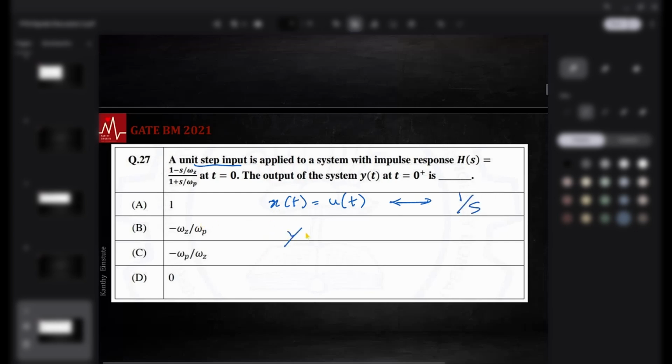So your Y of s is X of s times H of s. That happens to be 1 by s into (1 minus s by omega z) by (1 plus s by omega p). There we found Y of s.